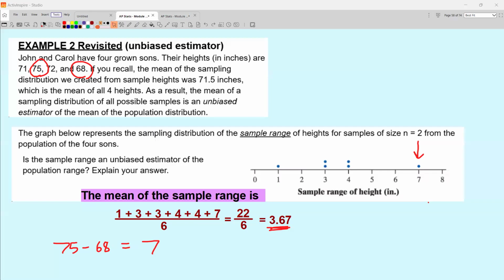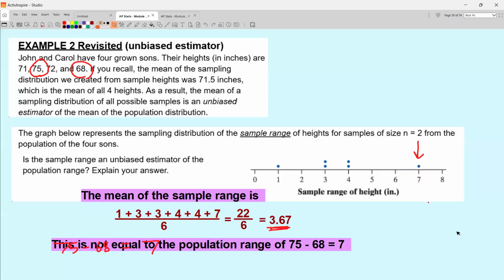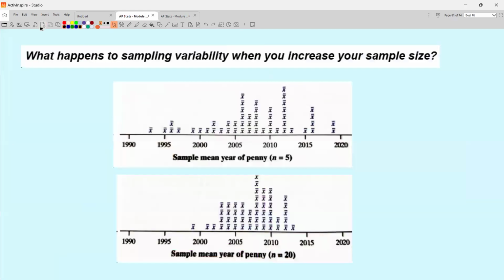Well, the answer in this case is no, because the average of these sample ranges is not equal to the population range. We would say this is not an unbiased estimator. In fact, it is biased. So we would not want to use the ranges of all the samples as an estimator of the population range. So that's a big no on that one.